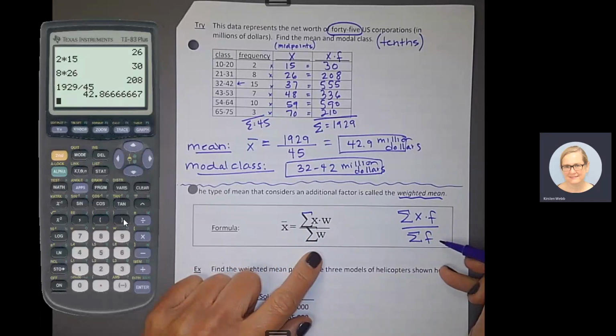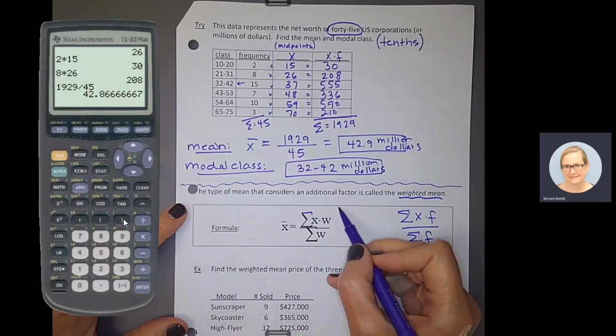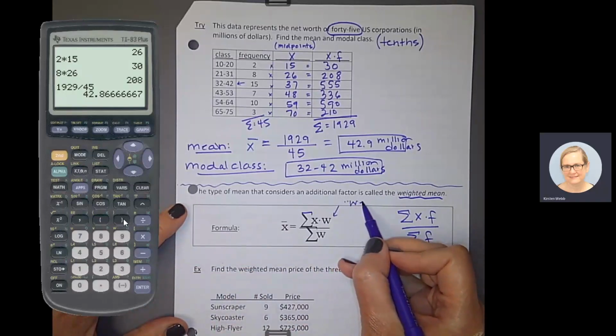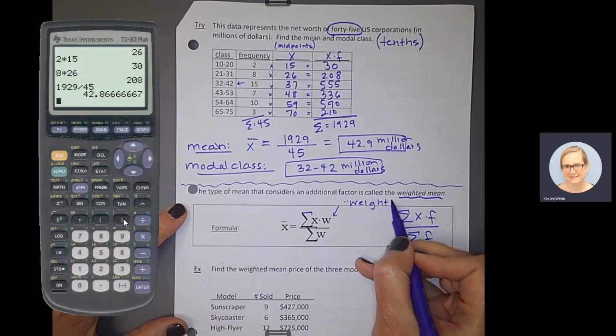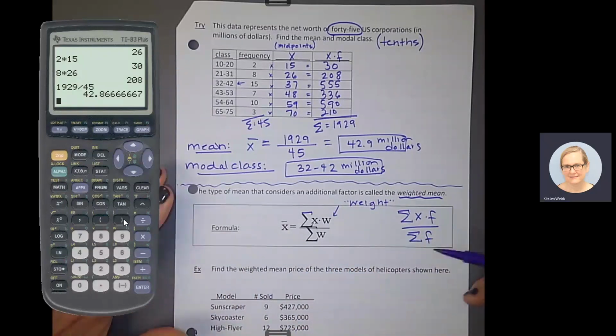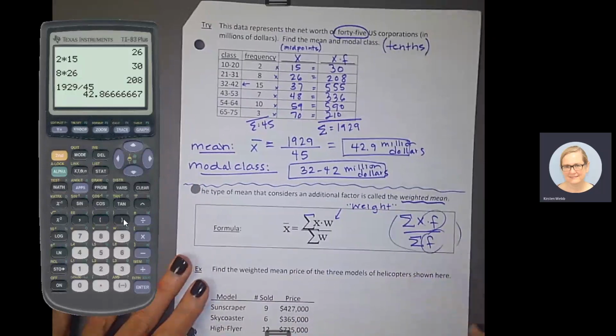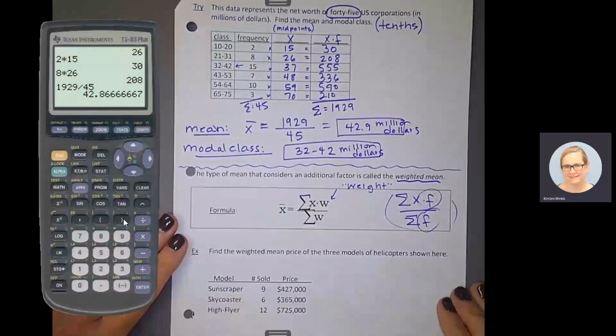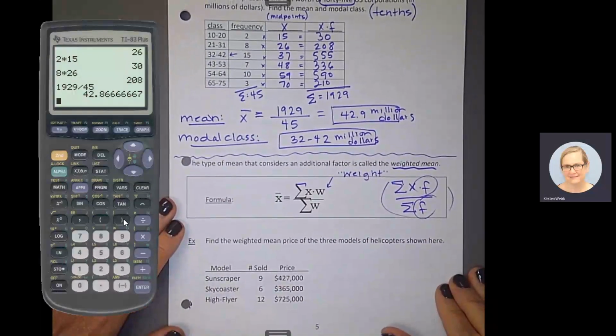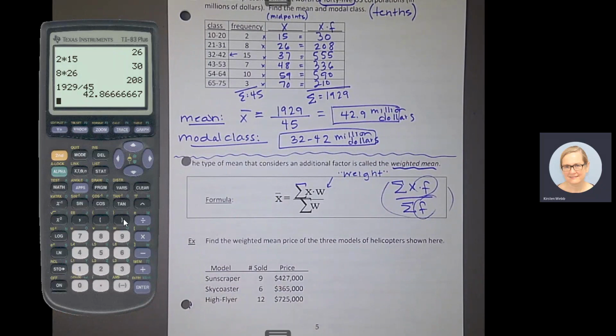Sum of the f for total frequency versus total w here. That w stands for the weight, which is the extra factor we want to take into account. We can treat that just like we did frequency. We don't need a whole new approach. We can use the same idea for any extra factor that we want to take into account.